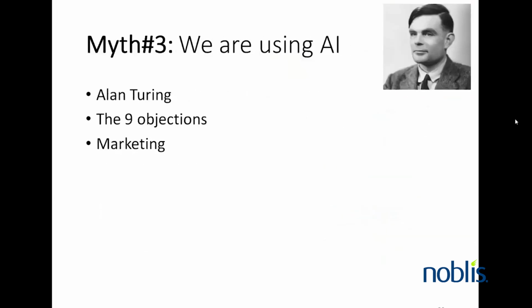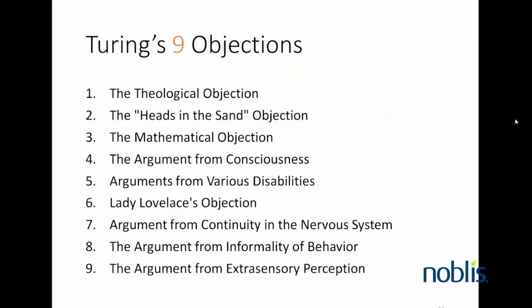And so the third myth that really is usually my first part of any AI class that I teach is this recent type of overhyping and underdefining AI. If we go back to the origins of AI, obviously Alan Turing, father of AI, or even the father of computer science, he wrote his famous paper, and he presented 9 objections to intelligence.